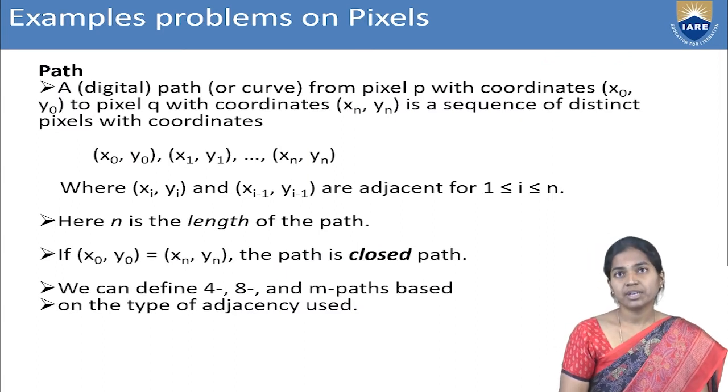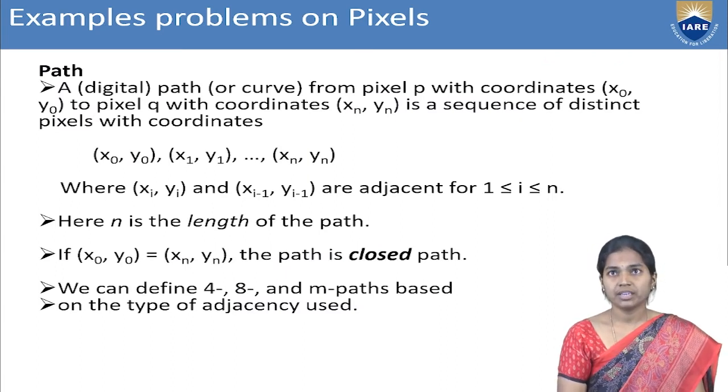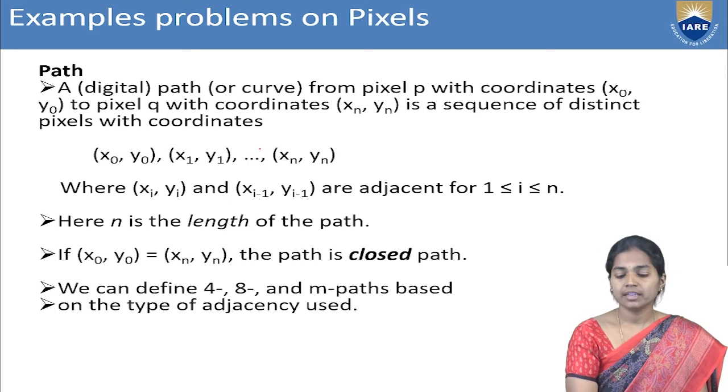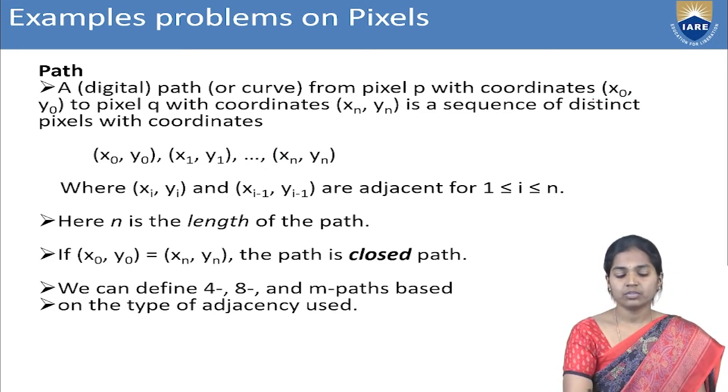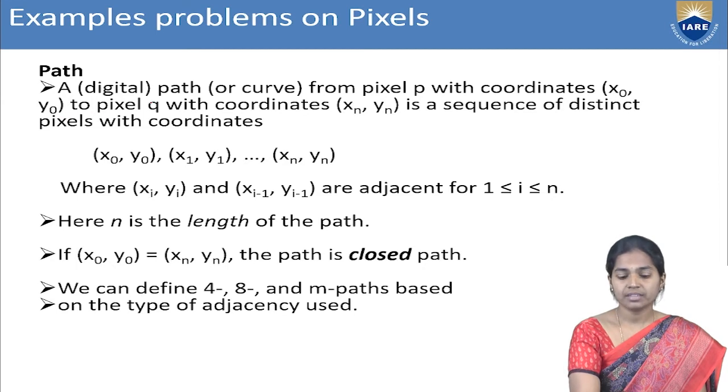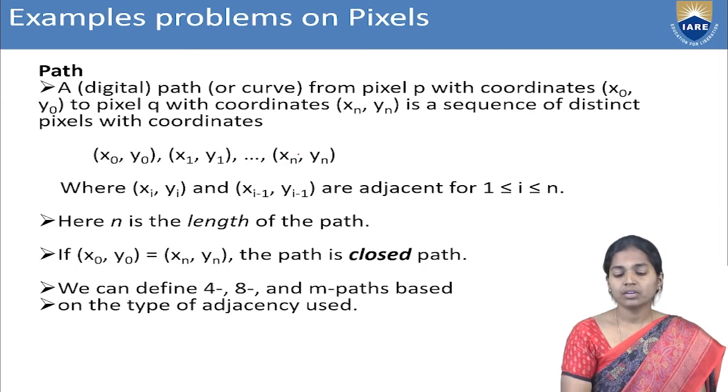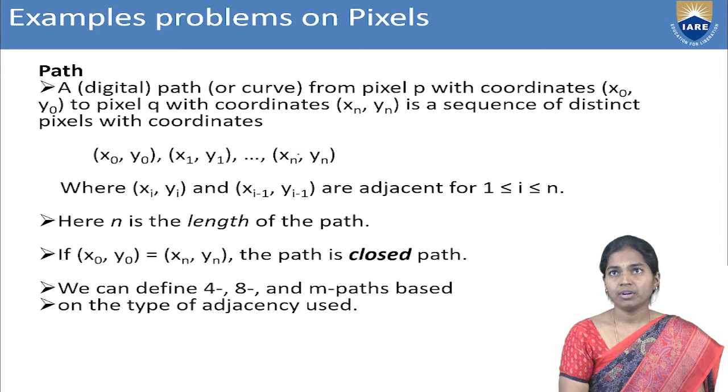In this, what is meant by a path? A path is a digital path or curve representing the pixels from pixel p with coordinates x0, y0 to pixel q with coordinates xn, yn.